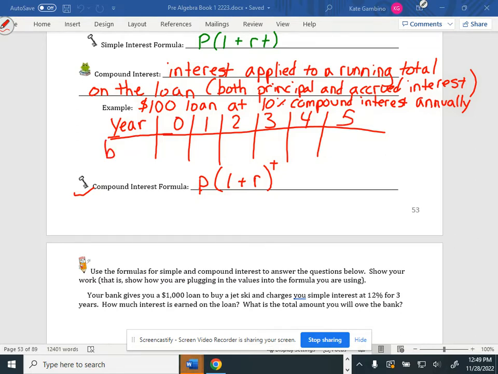Then we have our balance, starting with our principal of $100. So let's see how this works with the new formula. Again, we know what our variables are: principal, rate, and time. So if we look, our principal is the $100, our rate is that percent of interest, and our time is annually. We went up by 1 year every time.